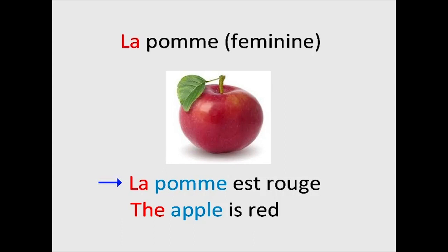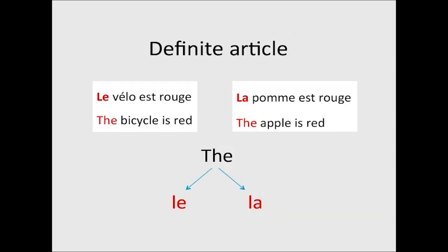This sentence translates as the apple is red in English. When we compare these two sentences, we find that the word the in English is equivalent to the word la in French. We can thus conclude that the word the can be translated either as le or la.